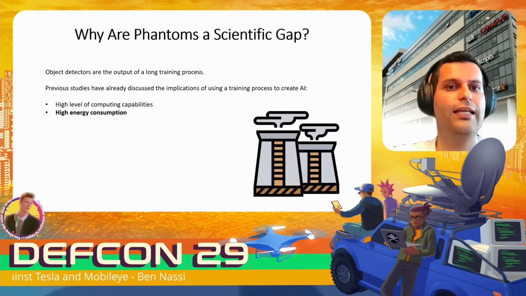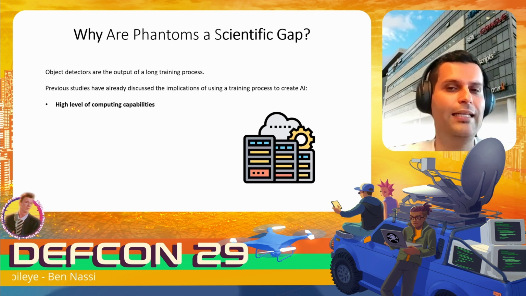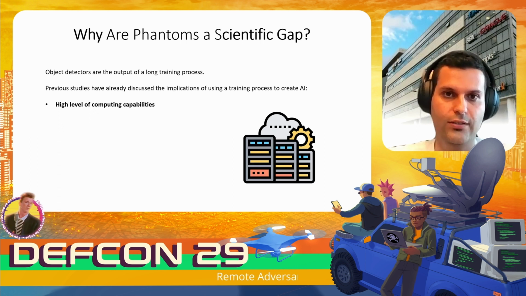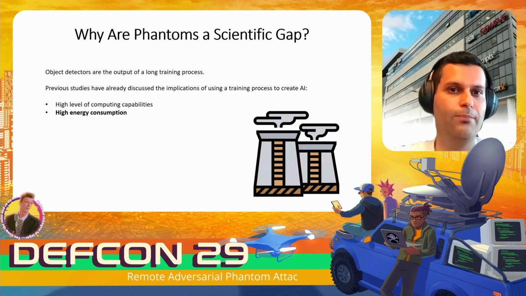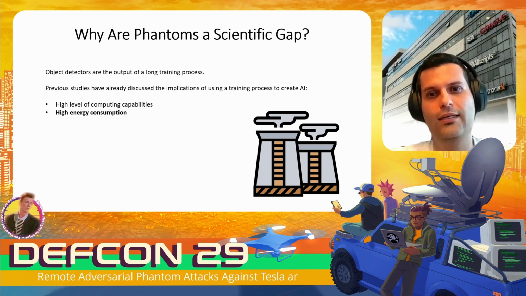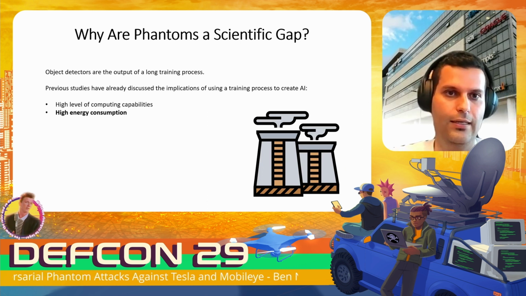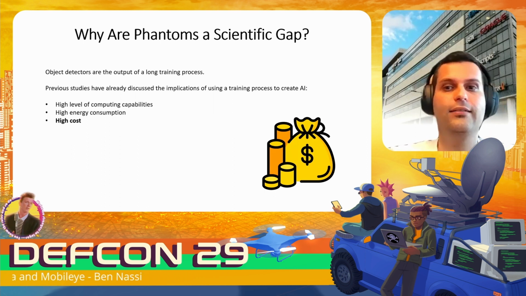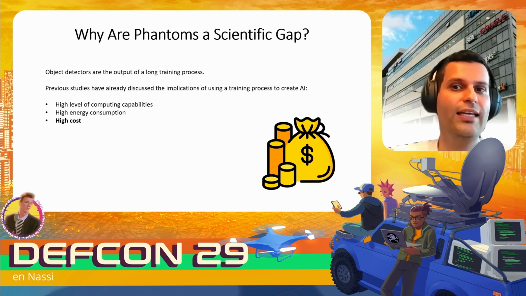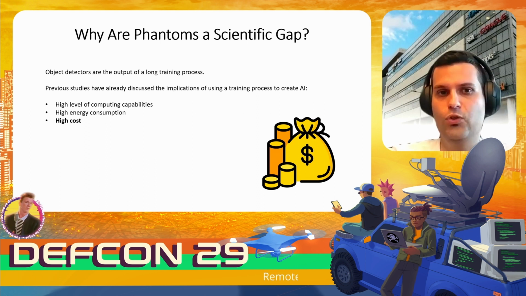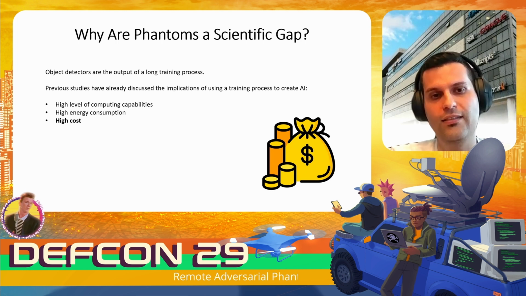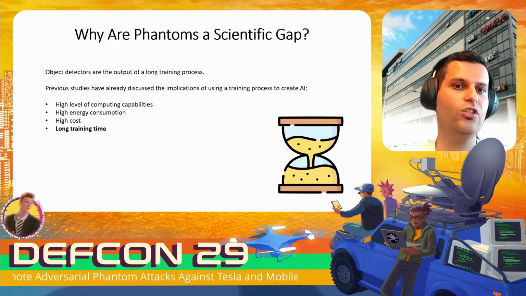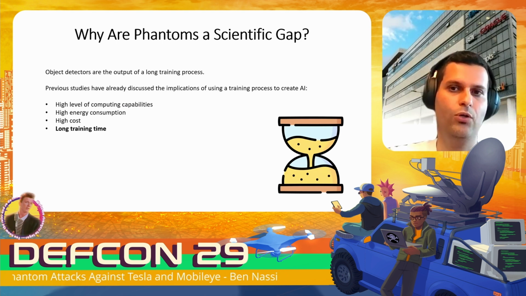They discussed the high level of computing capabilities needed to train an artificial intelligence, the high energy consumption that the training process costs, the high cost required to train a model, and finally, the long training time it takes to train a model.